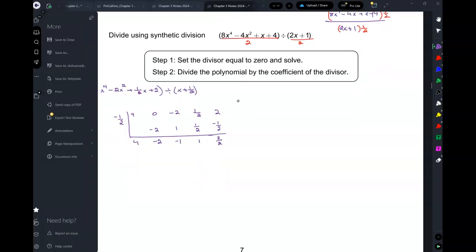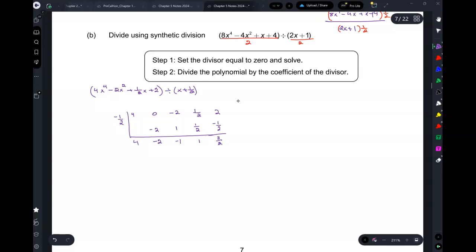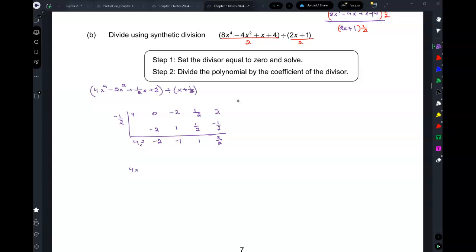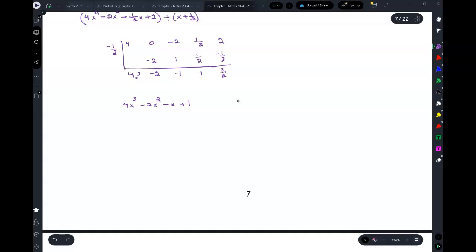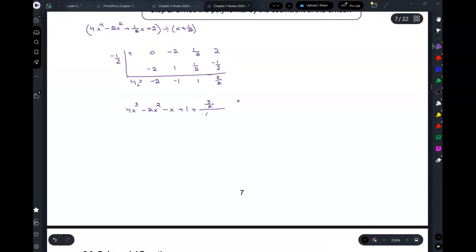Now, people, it used to be x to the 4. Now it's 4x cubed. So I have 4x cubed minus 2x squared minus x plus 1 plus 3 over 2 over what? x plus 1 half.